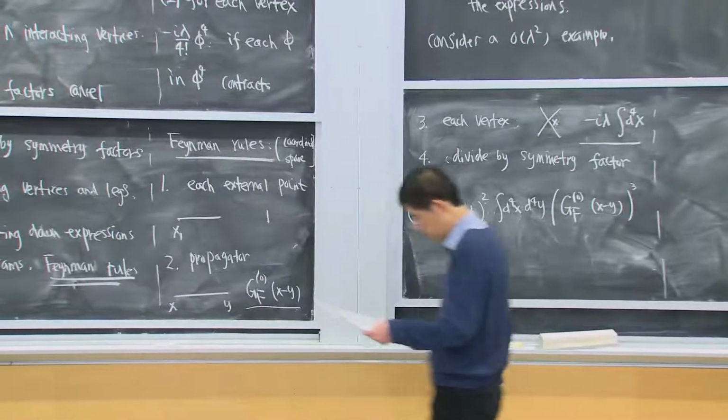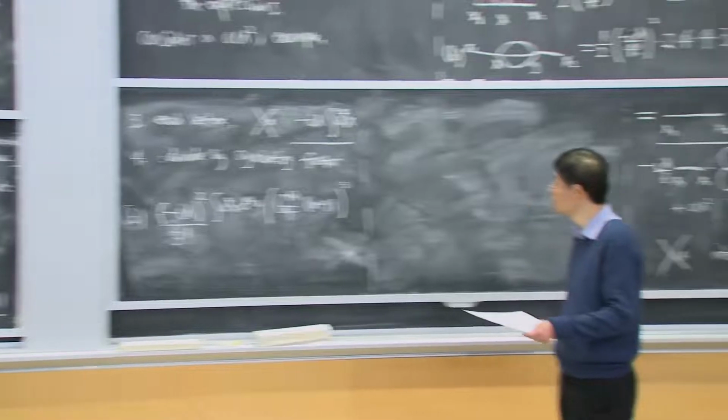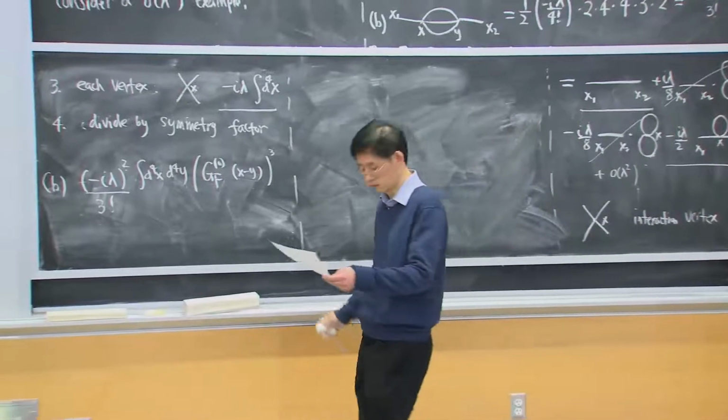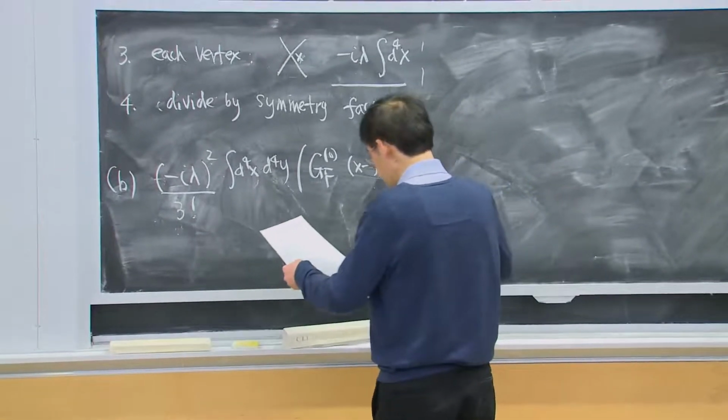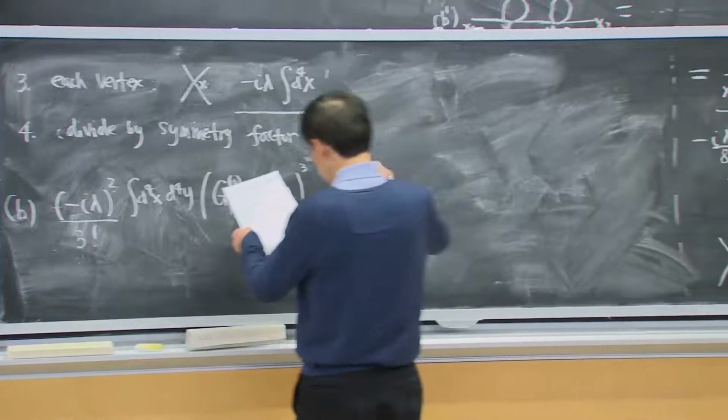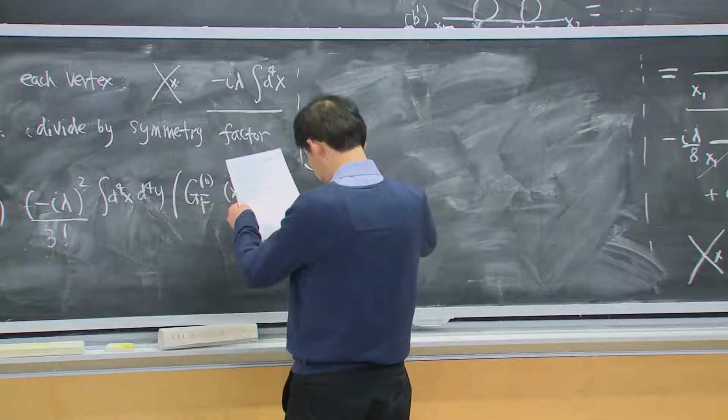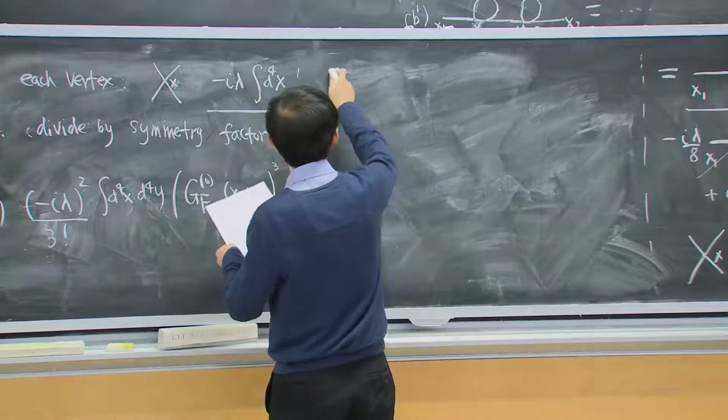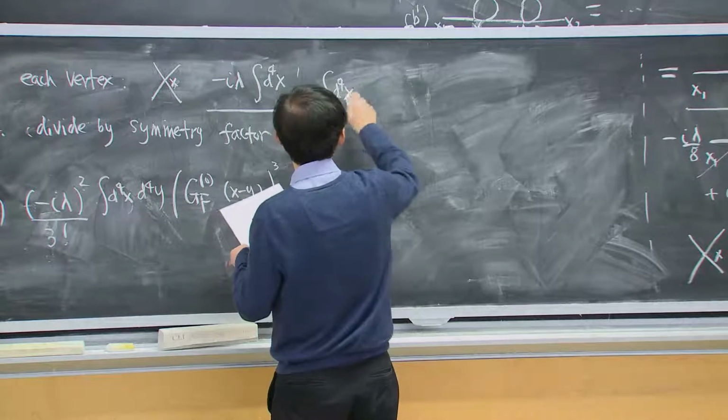It's also convenient to go to momentum space. So to go to momentum space, let's define the Fourier transform.